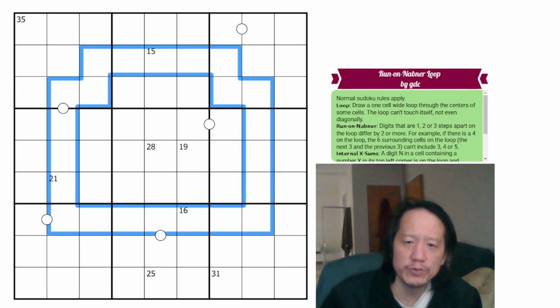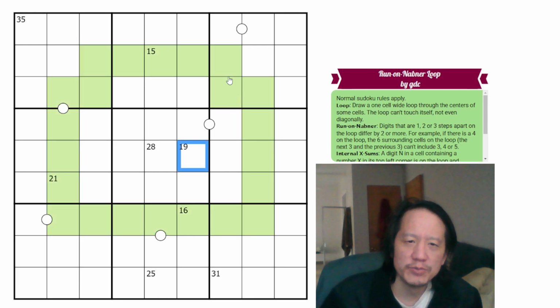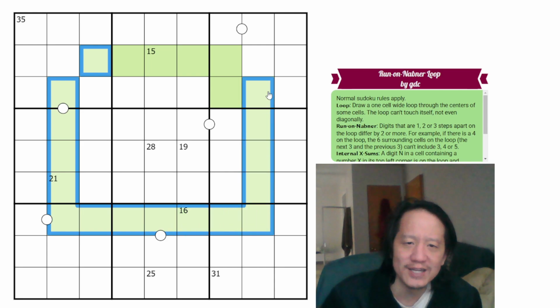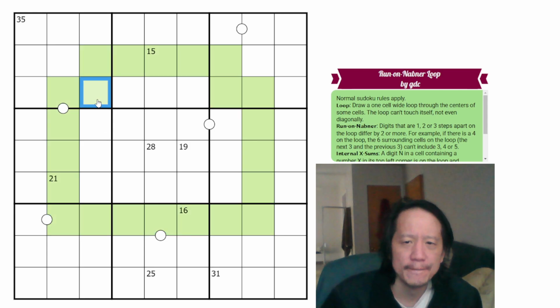So this would be a valid loop, but the question I'm having is whether you can take this out and then basically that is a valid loop. Usually it's not, but this doesn't say it has to be orthogonally connected, which is kind of weird. One thing it cannot do though is touch itself diagonally.